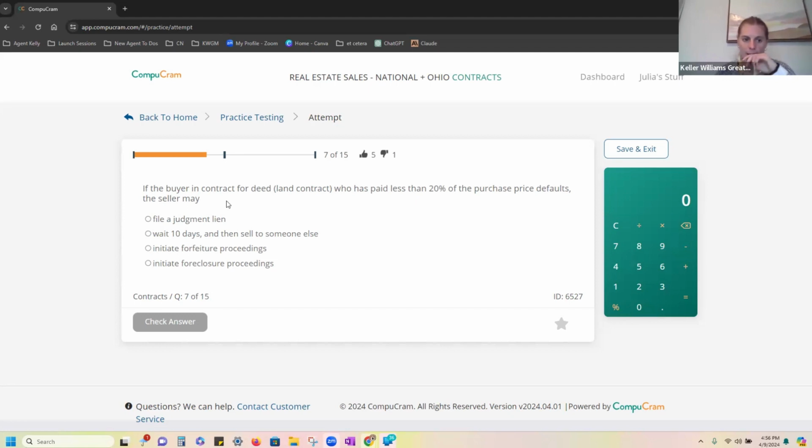So if the buyer in a land contract who has paid less than 20% of the purchase price defaults, the seller may what?